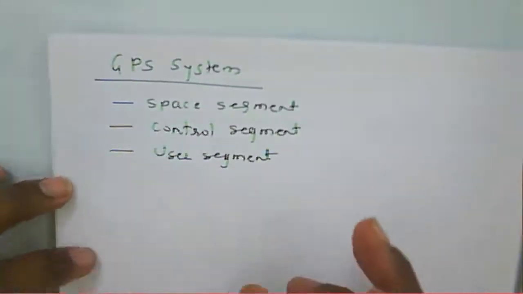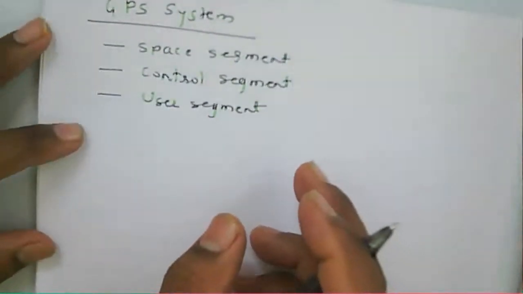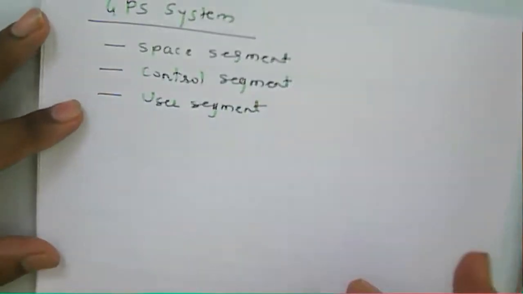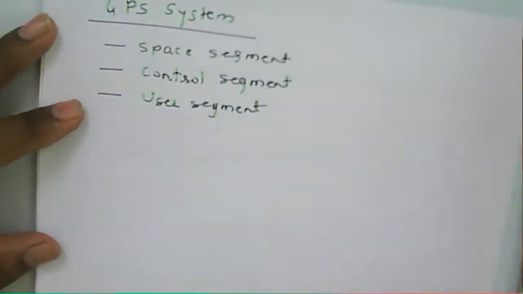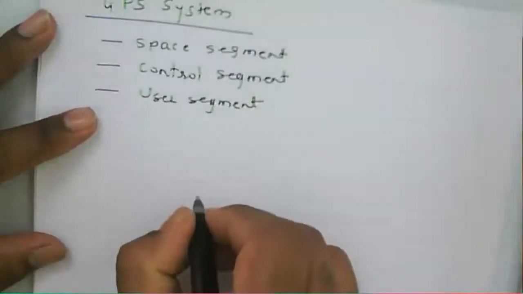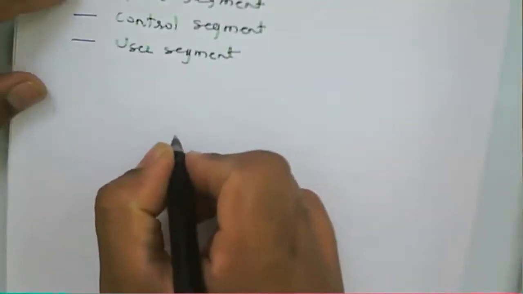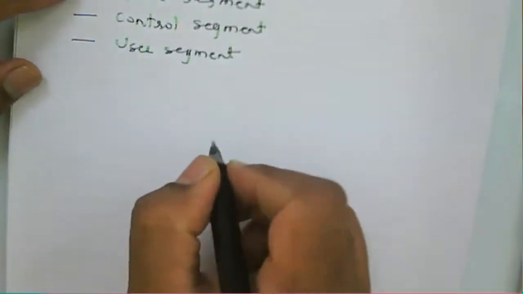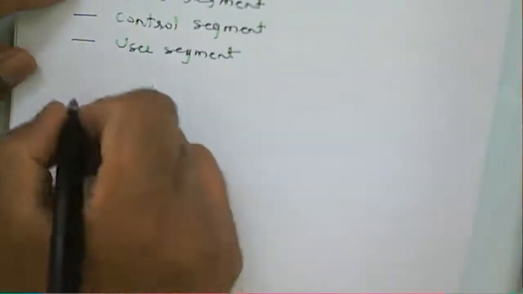Now, in the case of the space segment, what is the number of satellites used in space? Generally, there is a constellation of 32 satellites.